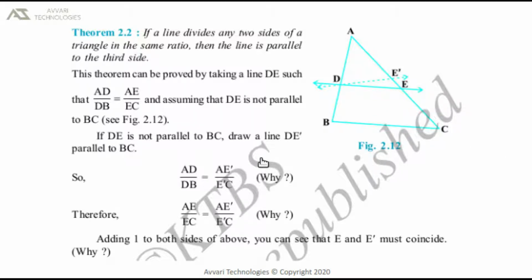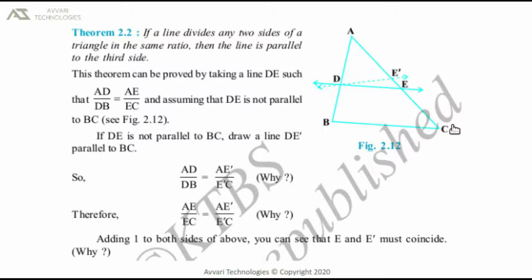Now let us prove the theorem. From the previous theorem, we proved that AD divided by BD is equal to AE divided by EC. Now let us prove this theorem by assuming that DE is not parallel to BC. Instead, one more line DE dash is parallel to BC.